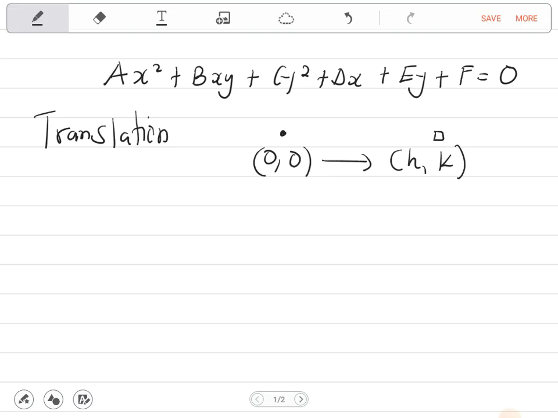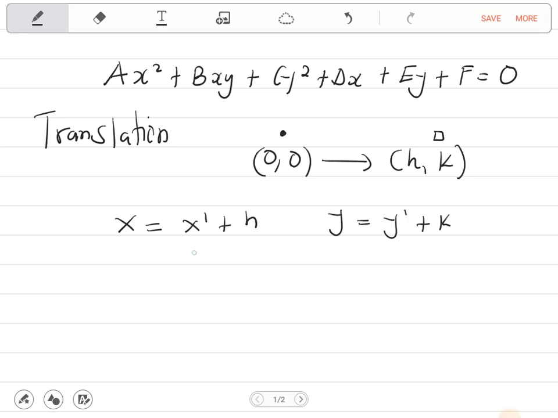Now, usually when you move from the old to the new, there are 4 equations that you need to keep in mind. Are we there, right? 4 equations. The first one is the equation when we've got x plus h, and the second one is when we've got y plus k.